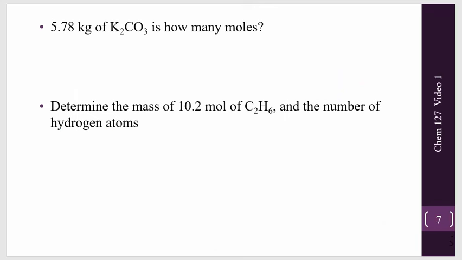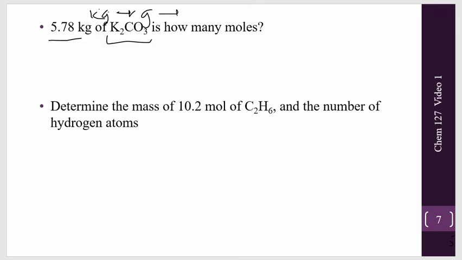Here's another example. We have K2CO3, potassium carbonate, and we happen to have 5.78 kilograms of it. We just need to convert that into moles. Instead of grams, we have kilograms, but it's still a unit of measurement in mass. So we'll first need to convert from kilograms into grams. We know that kilo is just an SI unit prefix, and you guys can take note of all of those.